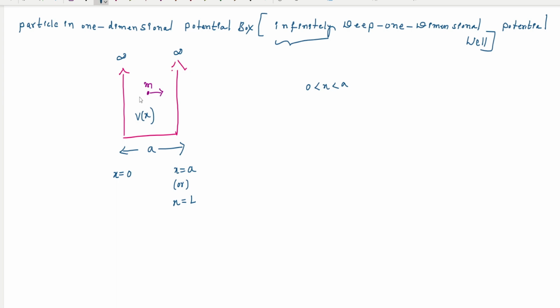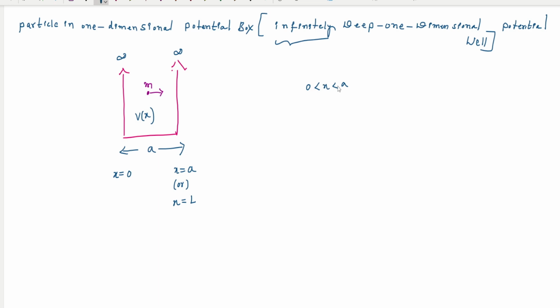In order to leave the region, the particle would have to do an infinite amount of work, which is impossible. Therefore, the particle is confined between x equal to 0 and x equal to a, so 0 less than x less than a.